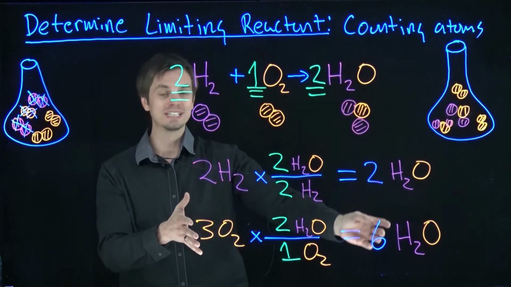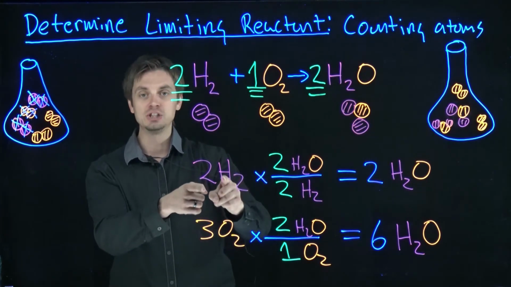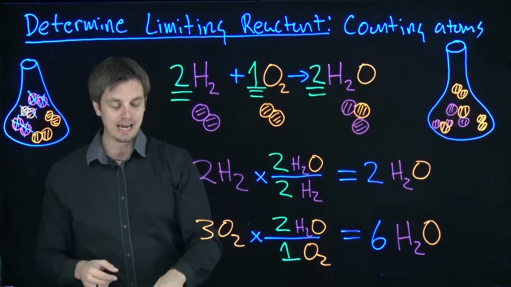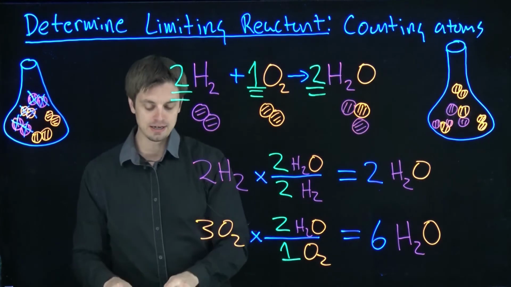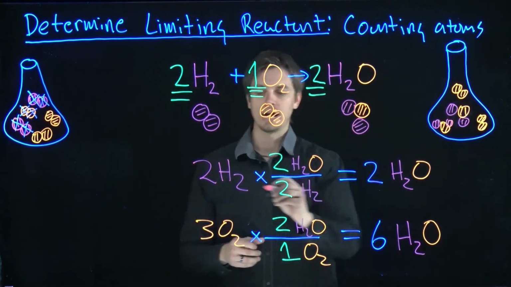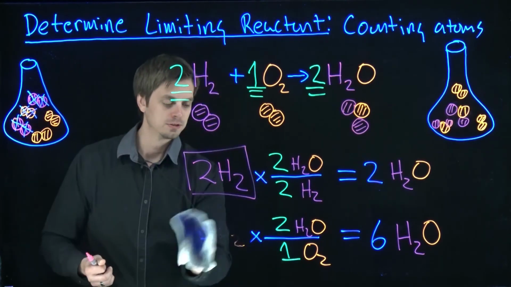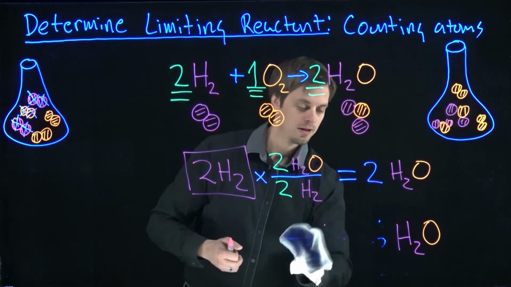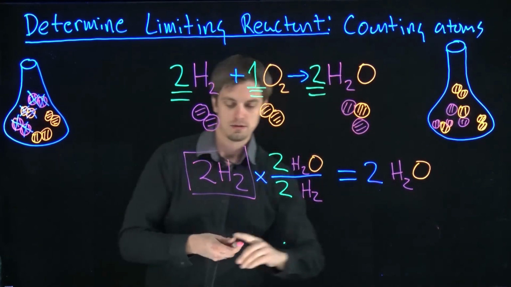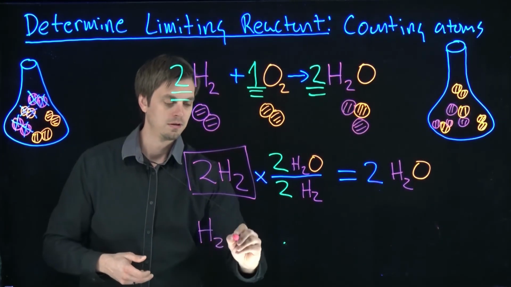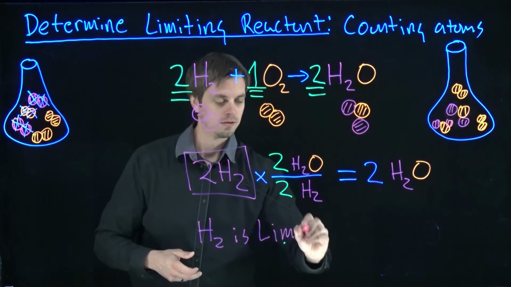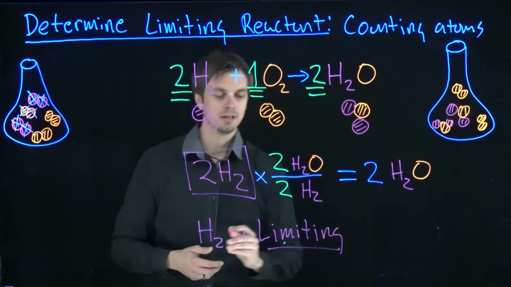Well, of course, 2 is less than 6, which means the H2 is going to get used up first, and as a result, this guy is going to be our limiting reactant. So H2 is limiting.